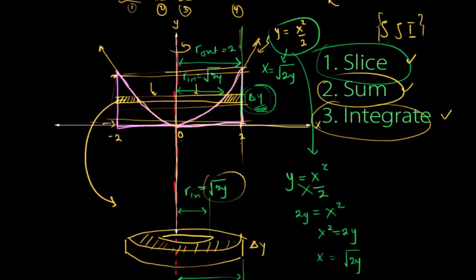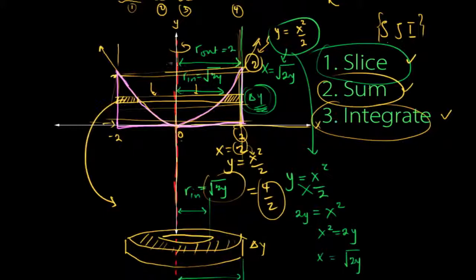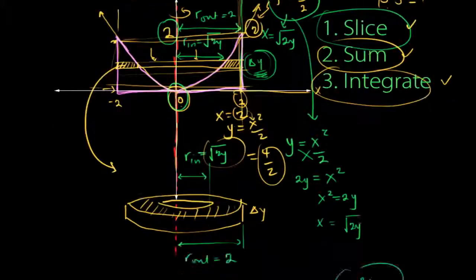If you look at this line here, the line you have here is x equals 2, and the function itself is y equals x squared divided by 2. So when you plug in 2 here, you have x squared, that's 4, divided by 2. So that tells me this line here is 2. So the limit of integration is from 0 to 2.